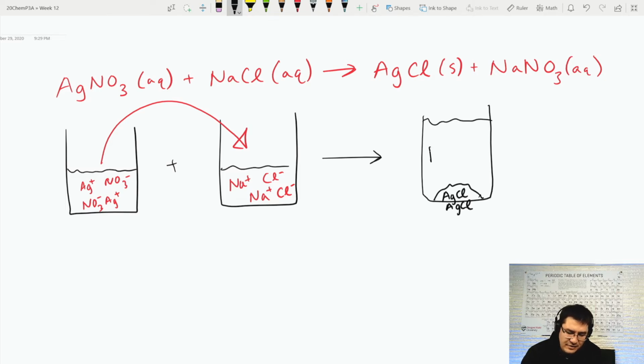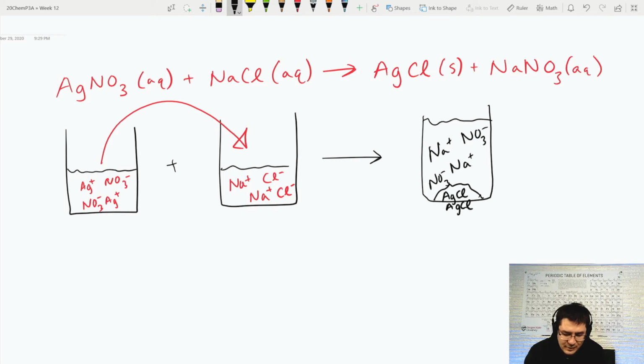And then left over in solution, I've got some sodium ions, and I still have some nitrate ions. Now, I only wrote 2 of each, but there's trillions or quadrillions, or actually we'll end up talking about moles. We have many moles of this chemical, so many individual ions floating around of sodium and nitrate left over, and all the silver chloride ended up in that solid form.